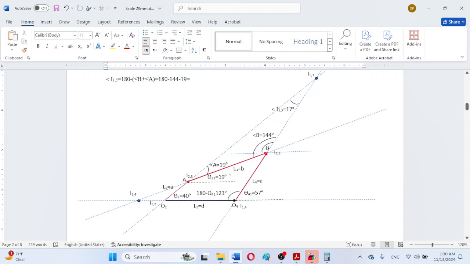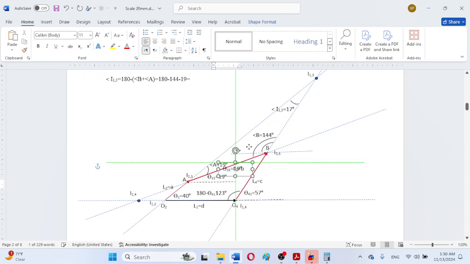So that means we can just copy for reference here, and paste this angle here like this.